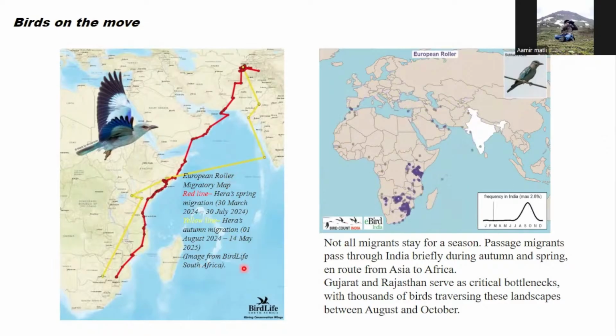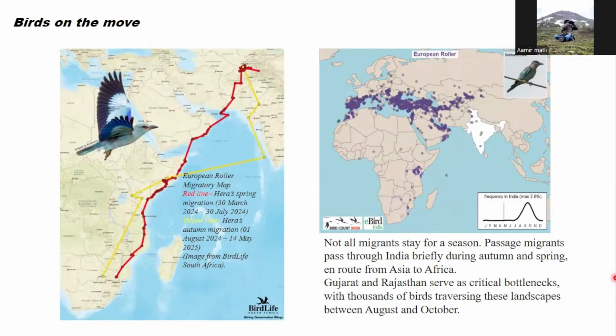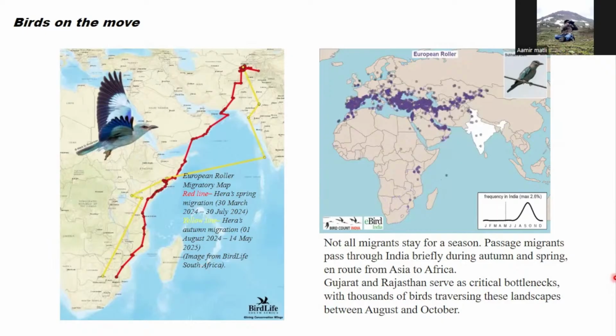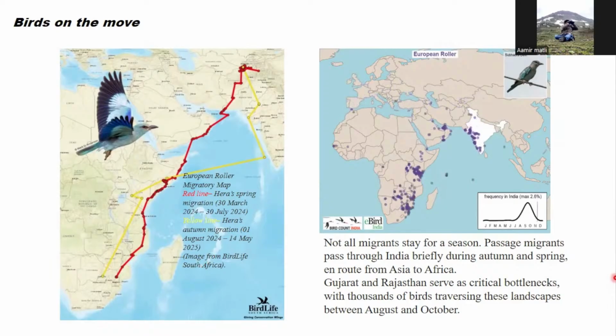She travels thousands of kilometers across multiple countries and ecosystems. Now, imagine if just one stopover site like Kachchh is degraded or lost, it can affect her entire survival. That's how interconnected migration really is. And protecting birds here in India has consequences that ripple across countries and continents.